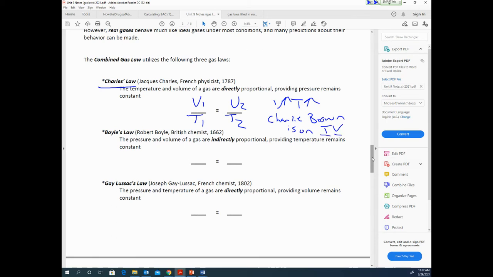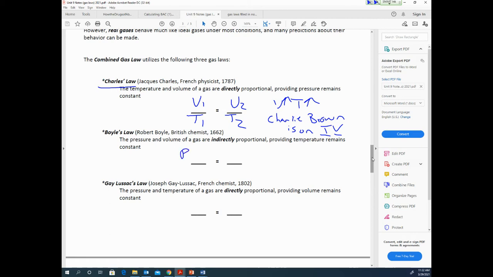If I ask you an easy question on the test, what does Charles' law deal with? Just volume and temperature. You remember that by Charlie Brown, Charles' law is on TV, with temperature and volume.